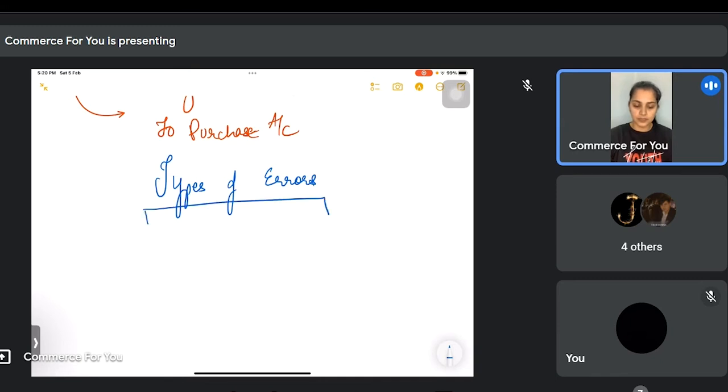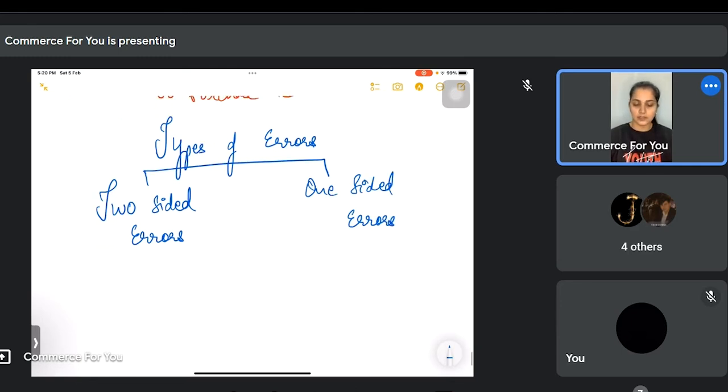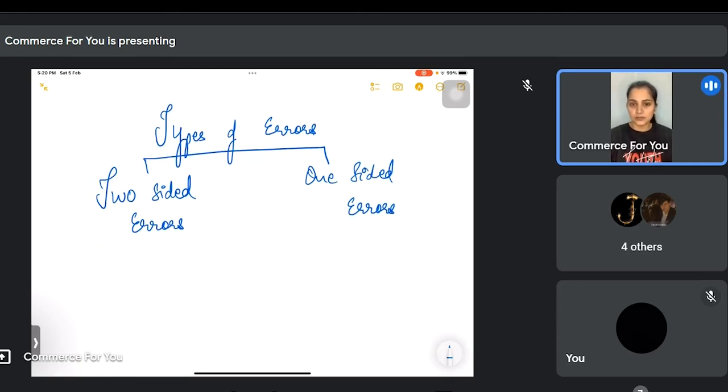For types of errors, we have two-sided errors and one-sided errors. Here, two-sided and one-sided relate to the trial balance.